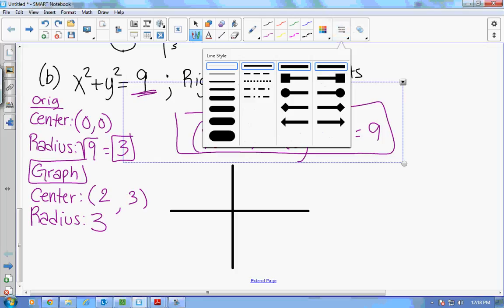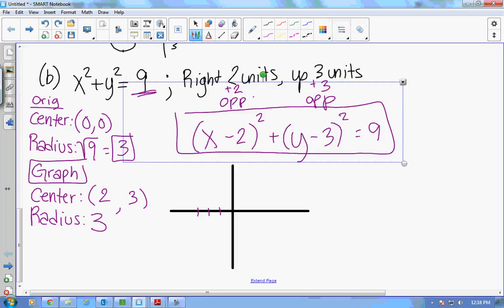I'm going to make mine even this time. 1, 2, 3, 4, 5, negative 6. 1, 2, 3, 4, 5, positive 6. 1, 2, 3, 4, uh-oh. There's my 6. Hopefully I don't need more than that.